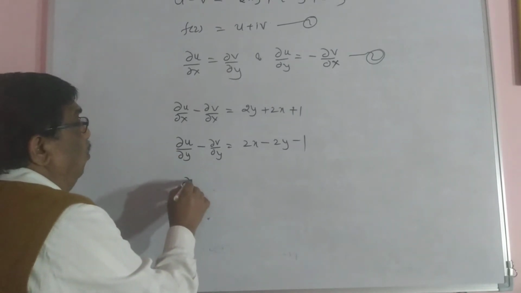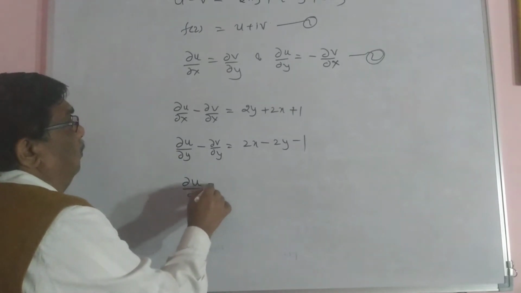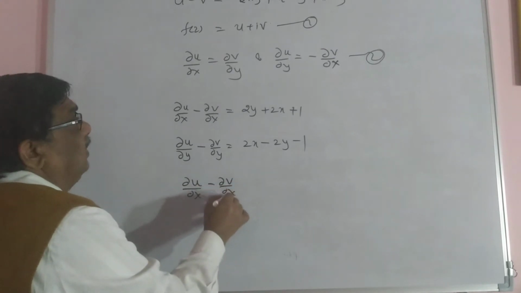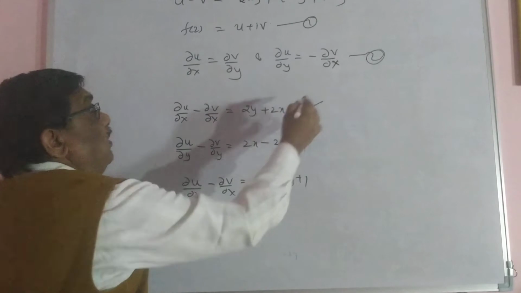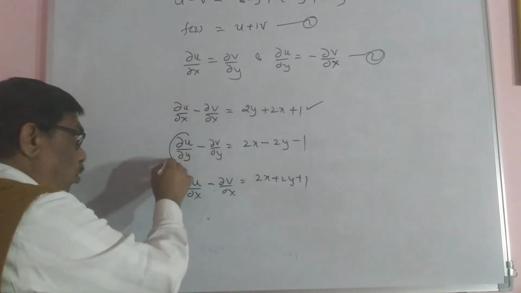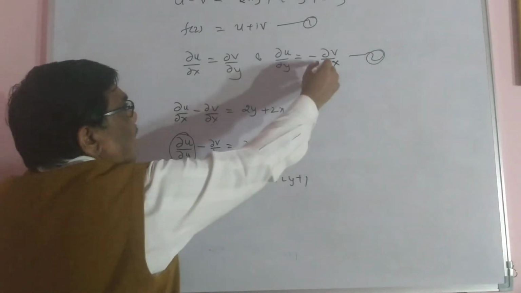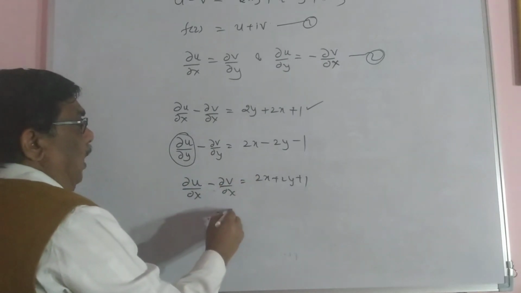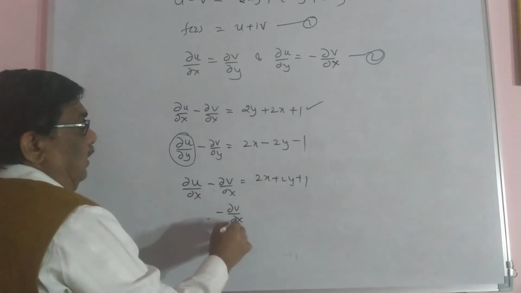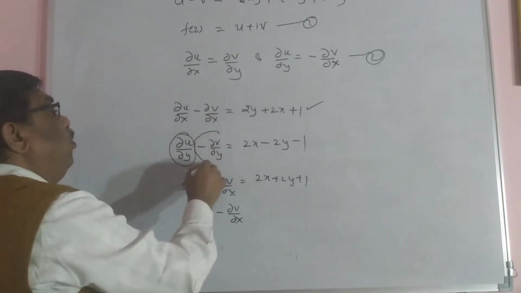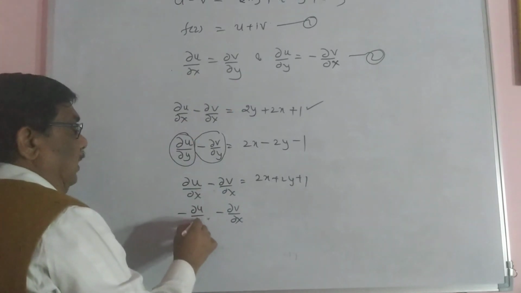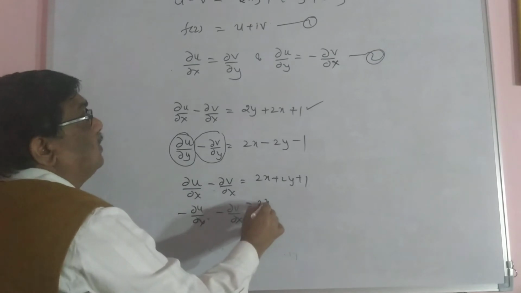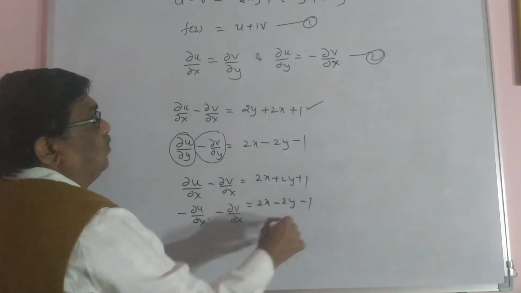So ∂u/∂x minus ∂v/∂x equal to 2x plus 2y plus 1 from this equation, and here ∂u/∂y is minus ∂v/∂x, and minus ∂v/∂y is minus ∂u/∂x. So it is 2x minus 2y minus 1.